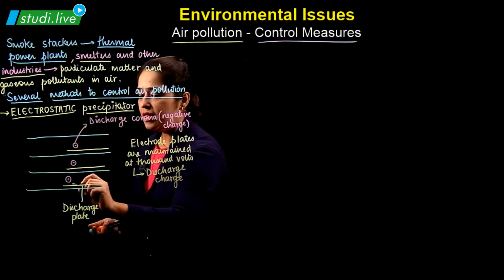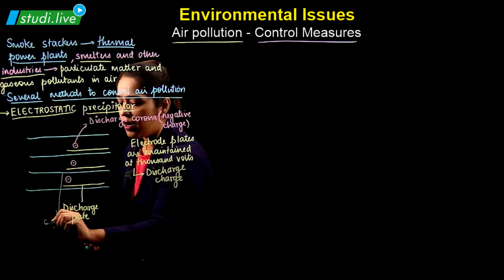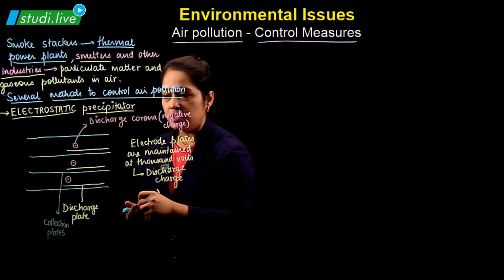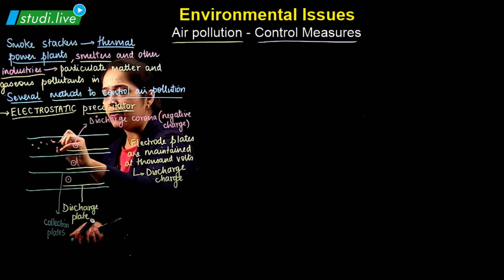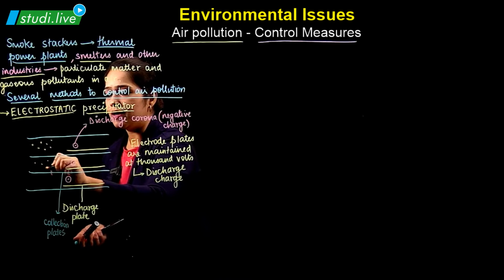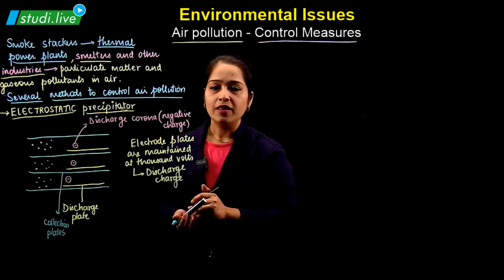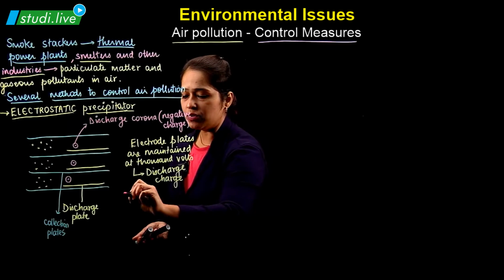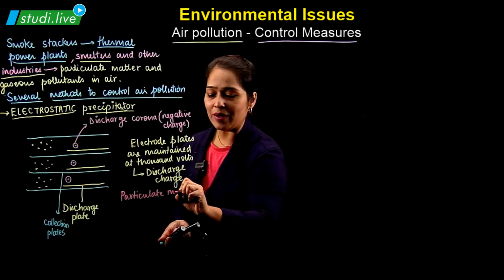Then we have these collection plates which are grounded. Suppose when we pass the air, the particulate matter is going to stick to the negatively charged corona.